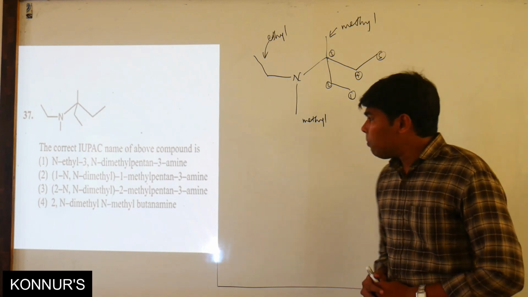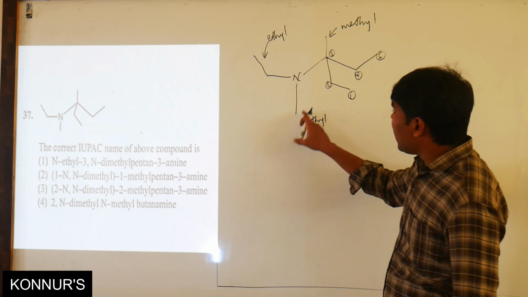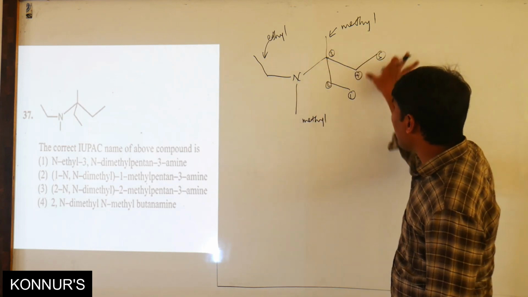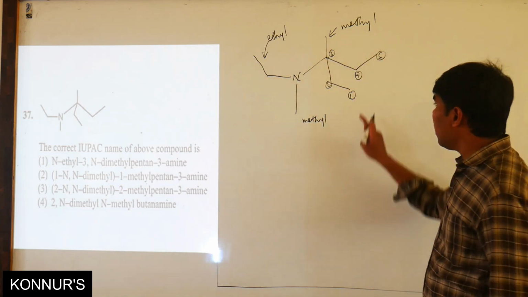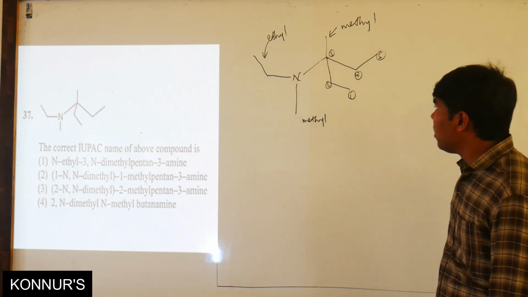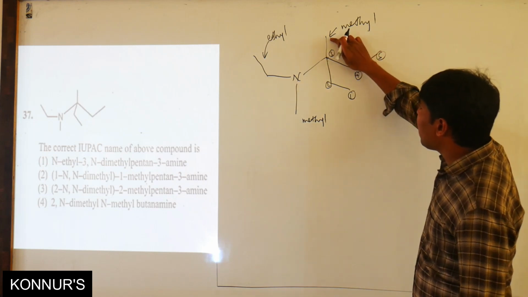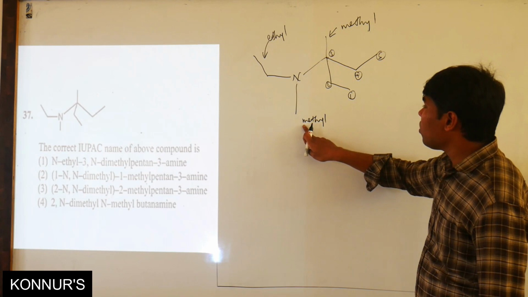Now the 37th example. The nitrogen is bonded to methyl and ethyl and one large alkyl group. I have chosen the longest chain here, where the root word is pent. If I choose the parent chain like this one, on the third carbon atom there is a methyl group, and on nitrogen there is also a methyl group.